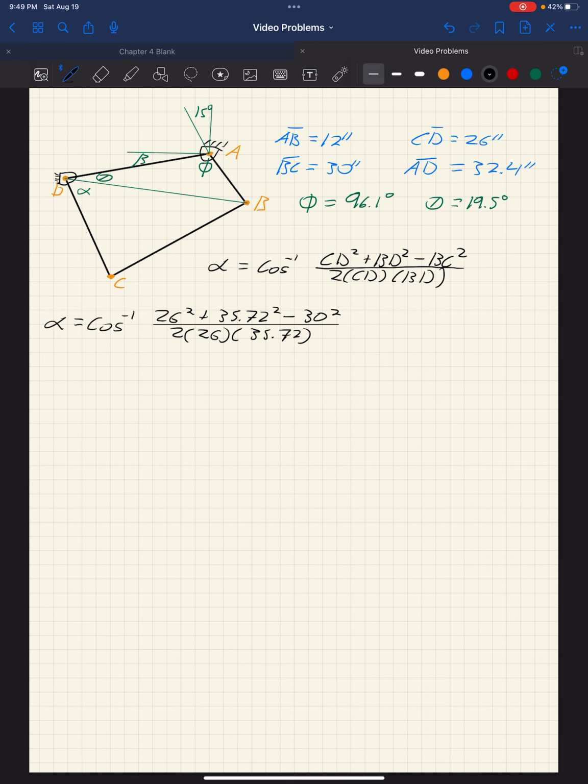So this gives us alpha equal to 55.5 degrees.